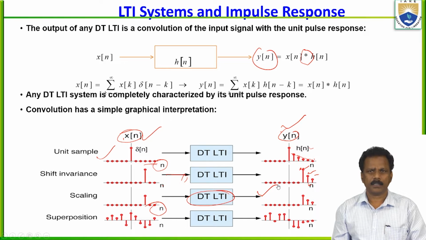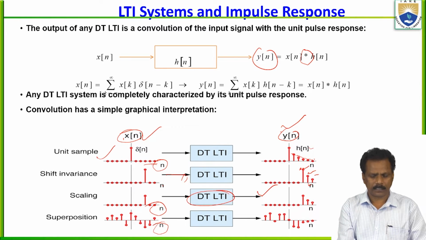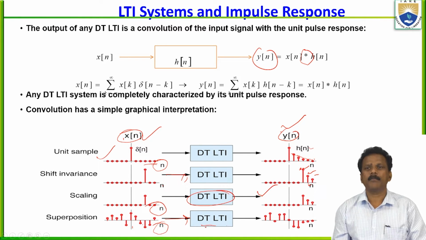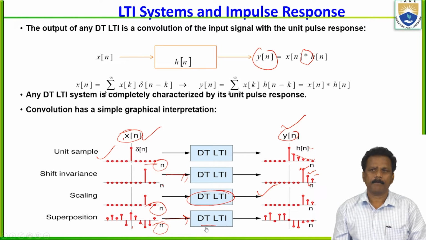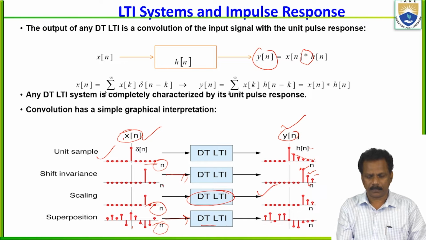With reference to superposition, the signals are combined, given to the DT system, and we expect n versus y of n like this graphical representation.